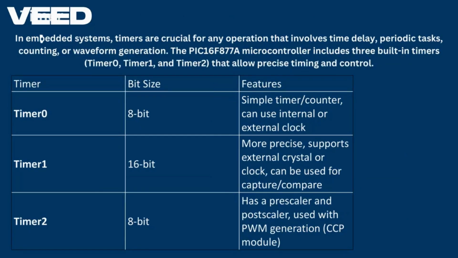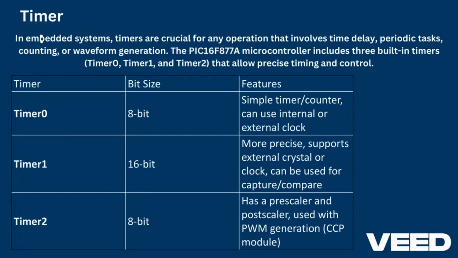As I said, for any embedded system, we have to perform a particular task for a certain amount of time. To define a particular task or to set a time, we use a timer.